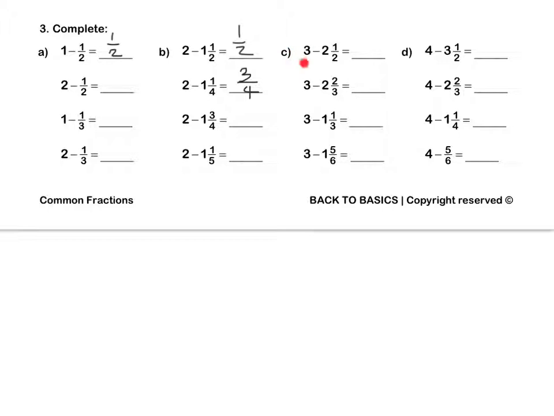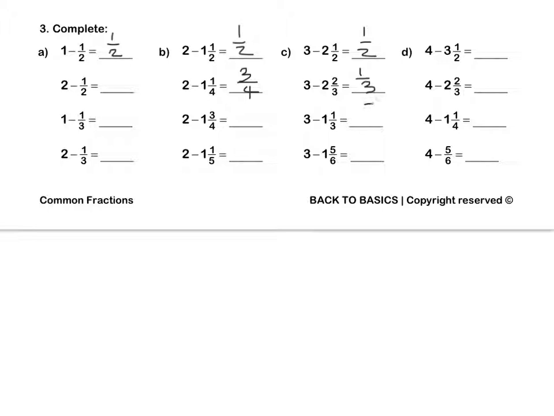C. 3 minus 2 1/2 is 1/2. 3 minus 2 2/3 is 1/3, because 1/3 plus 2 2/3 is 3 wholes. Lastly, 3 minus 1 1/3.